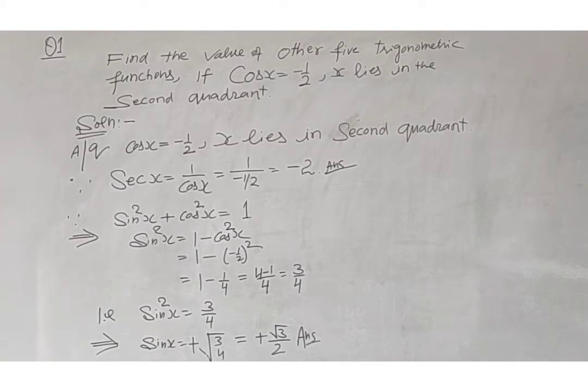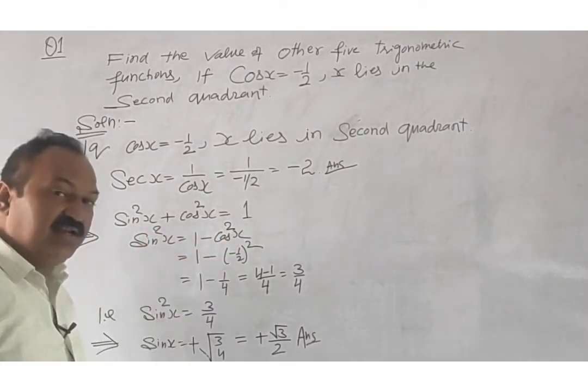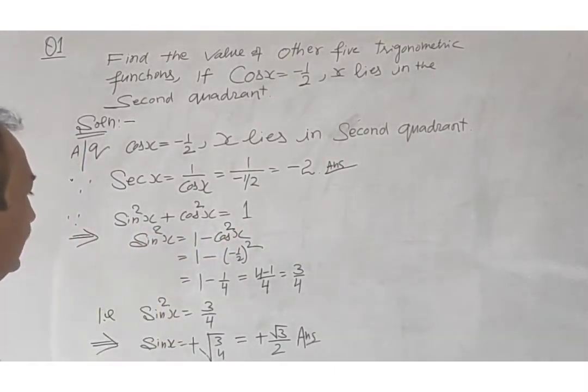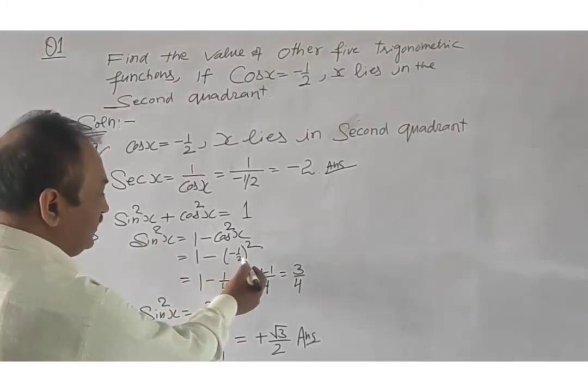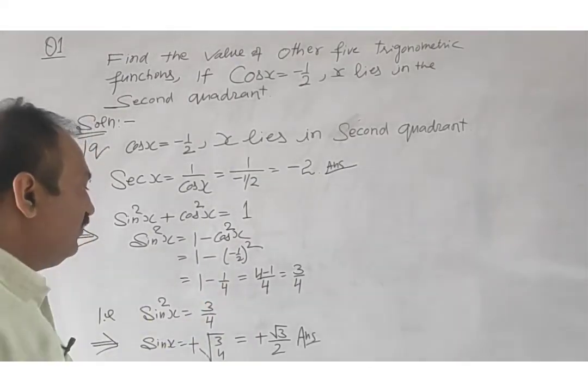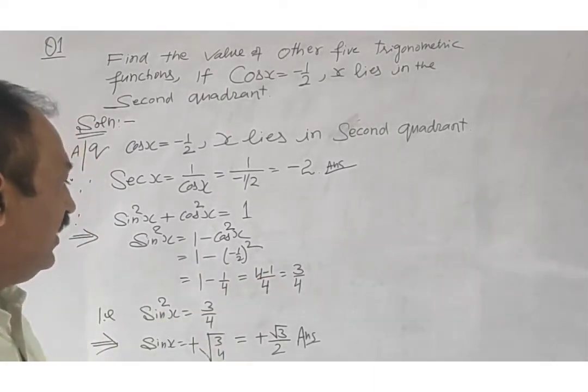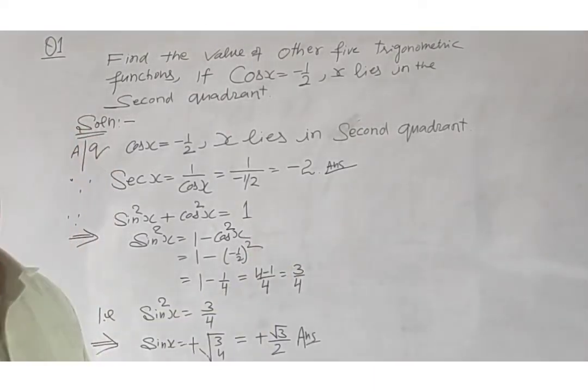Now let us find the process to find the value of the other trigonometrical function, that is sin x. Using the identity sin square x plus cos square x is equal to 1, sin square x is equal to 1 minus cos square x, 1 minus 1 by 2 whole square, 1 minus 1 by 4, that is taking 4 LCM, 4 minus 1 upon 4, that is equal to 3 by 4.